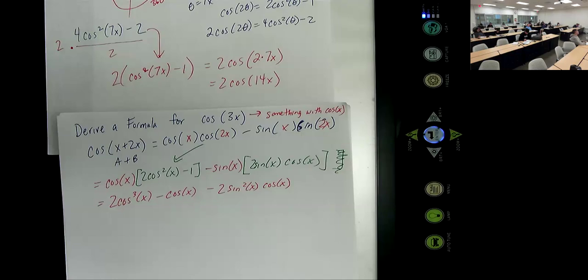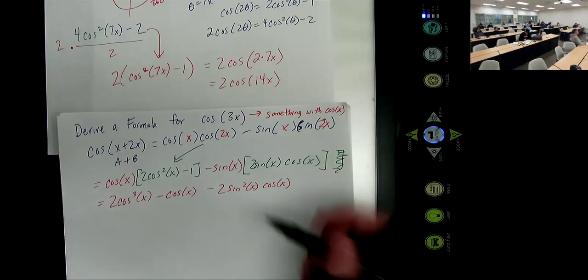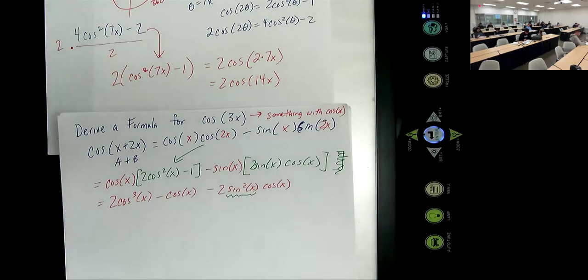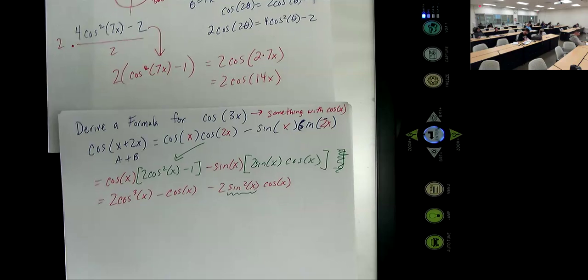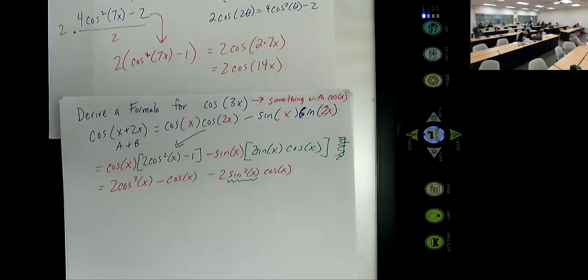We're almost there. This is the only one we have to deal with. Do we have a formula for sine squared x that just has cosine squared x or cosine x? One of the first ones you learned.